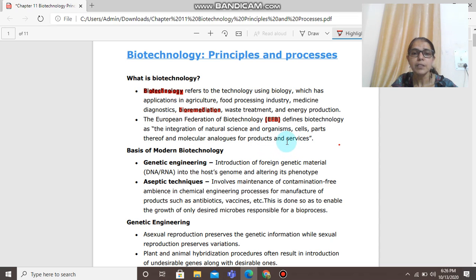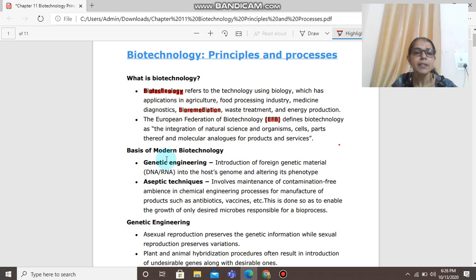What is the meaning of this definition? That biotechnology is the branch of science that is involving the integration of science and organisms. Organism means the microbes. It means that microbes and the natural science both are integrated with each other. Their cells or their parts may be used and they are resulting in the production of the various products. So all this will be included in the biotechnology.